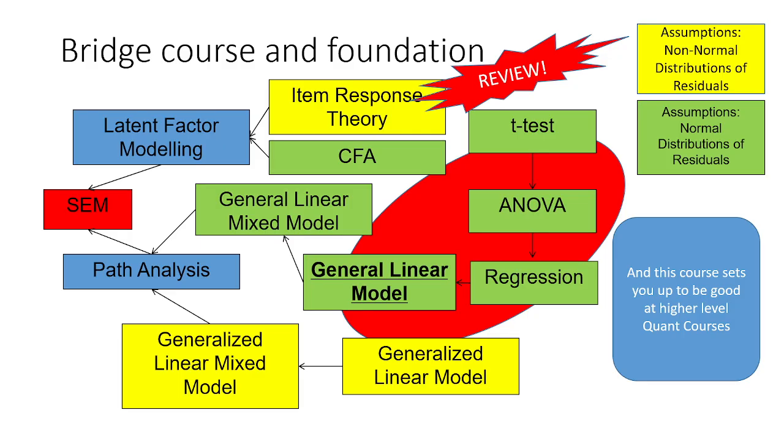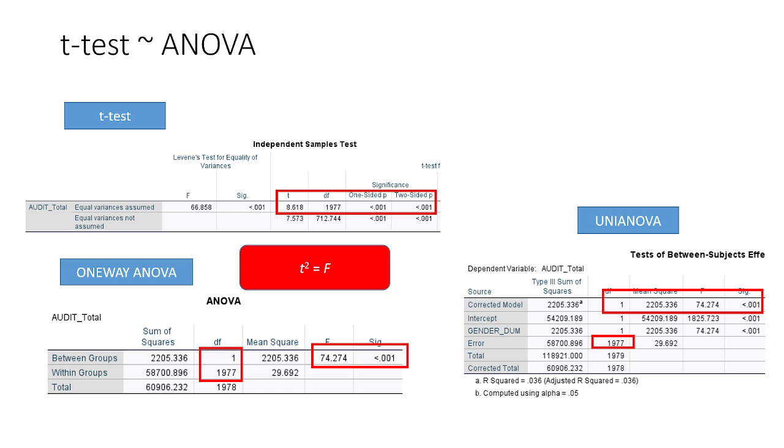It has regression, but actually you can put the t-test and ANOVA within this particular model. The t-test and ANOVA are really just a subset of GLM, so everything that we've learned so far is about the same.